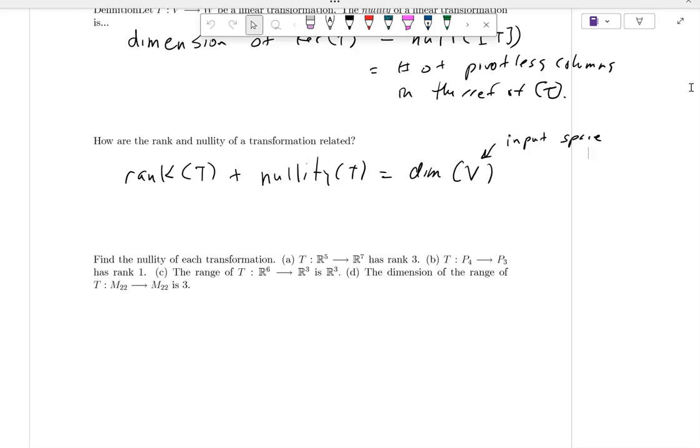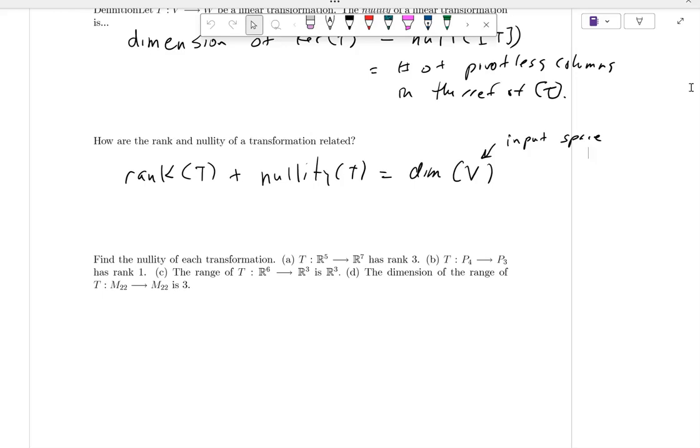So we've got that rank nullity idea for matrices, and then we also have the rank nullity idea for transformations. And remember that your rank plus your nullity for matrices is the number of columns in the matrix. The columns of the standard matrix for a transformation correspond to your input space, your domain. So the rank plus the nullity turns out to be the dimension of V, your domain.